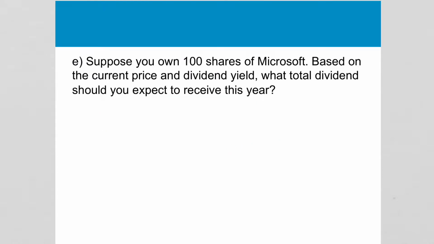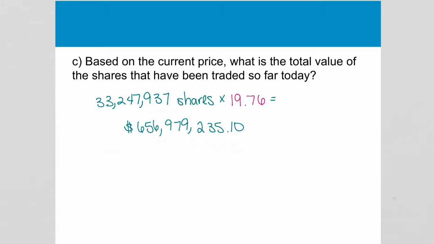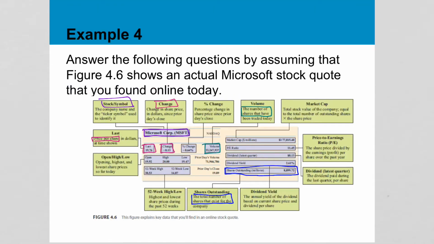And the last question, suppose you own 100 shares of Microsoft. Based on the current price and the dividend yield, what total dividend should you expect to receive this year? The current price, remember, was $19.76. So now we want to look for the dividend yield.